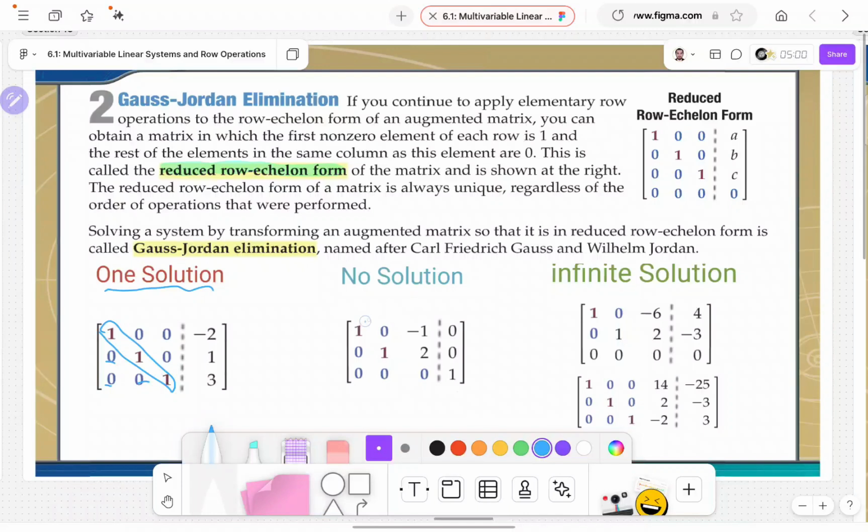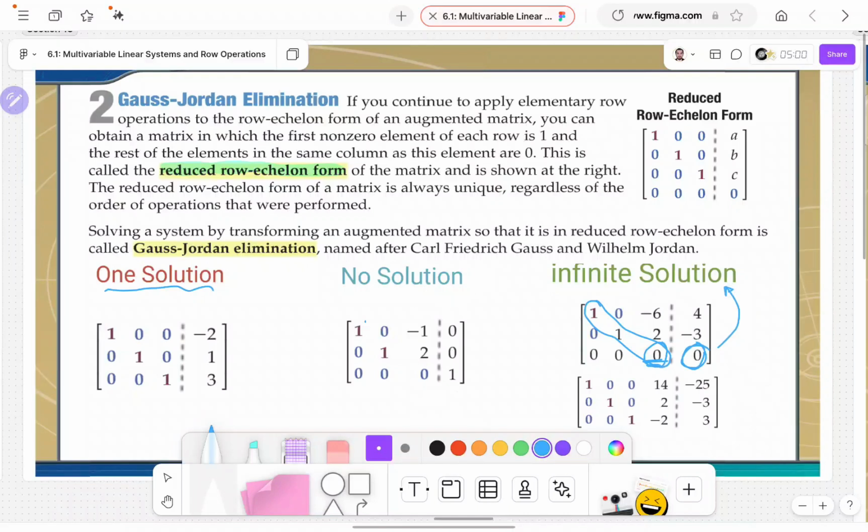Now, if you are trying to make the diagonal equal 1, but at the end you can't make this value equal 1, that means this matrix has no solution. Then for the infinite solution, you make the diagonal 1, but you can't make this value equal 1 and this value is still 0.